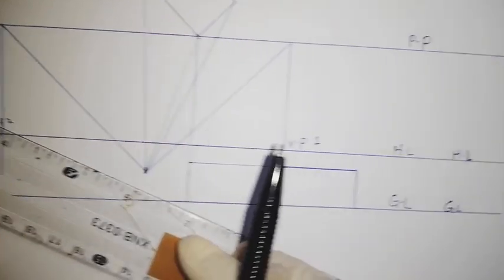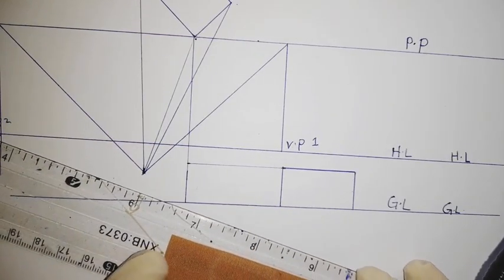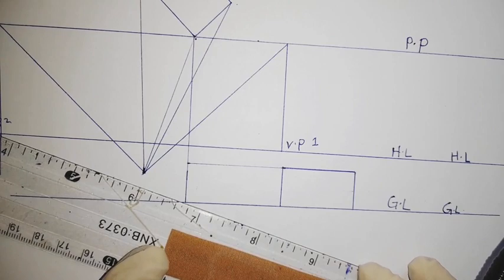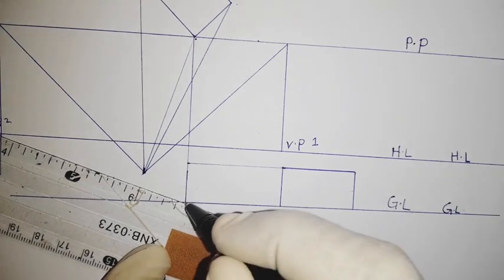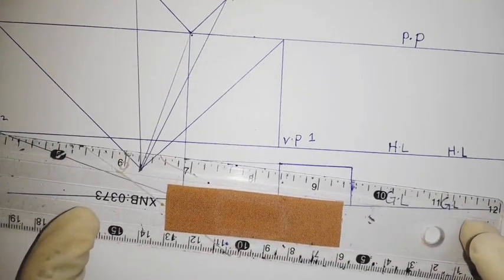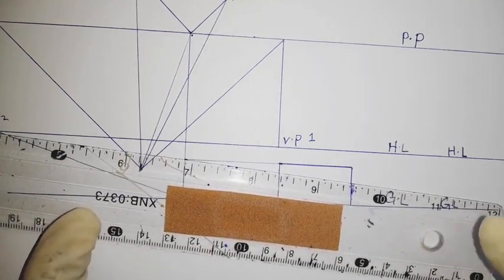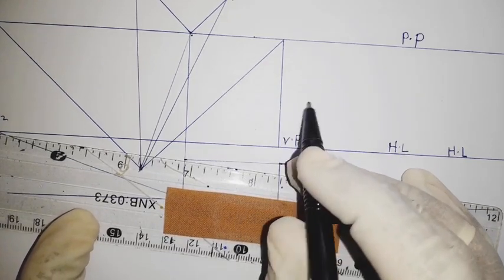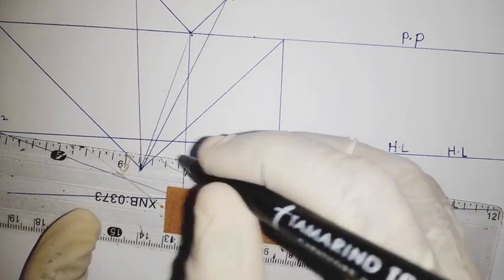So the base on the left hand side, we join it to the vanishing point on the left. The top on the left hand side to the vanishing point on the left. There it goes.